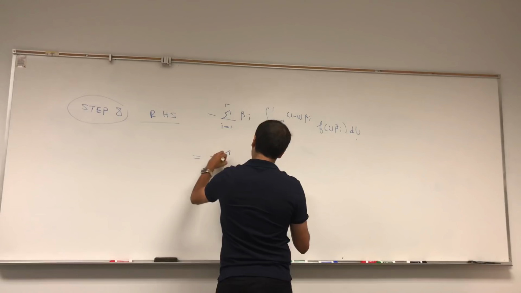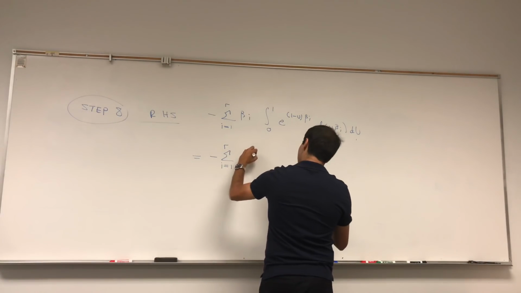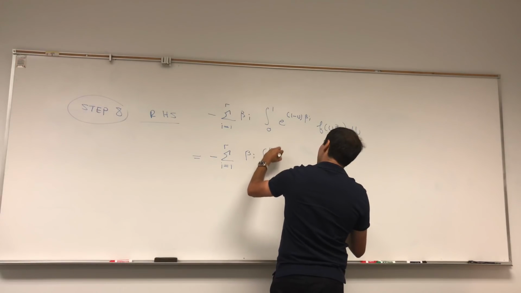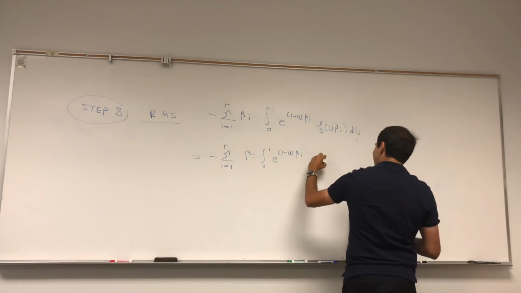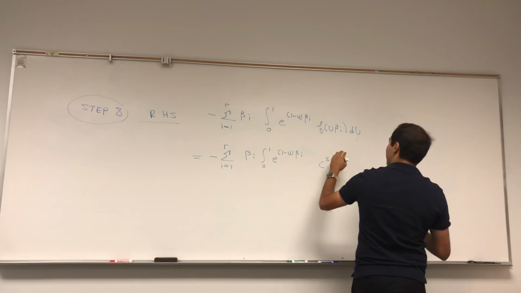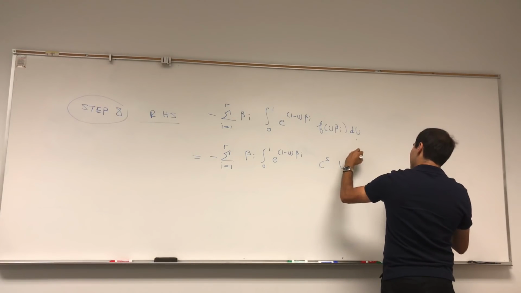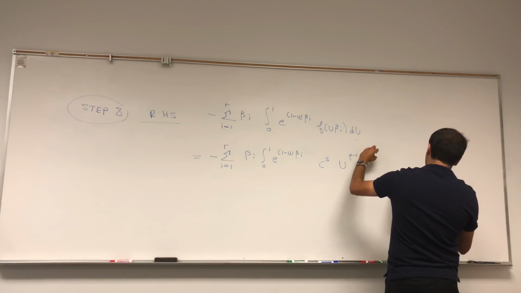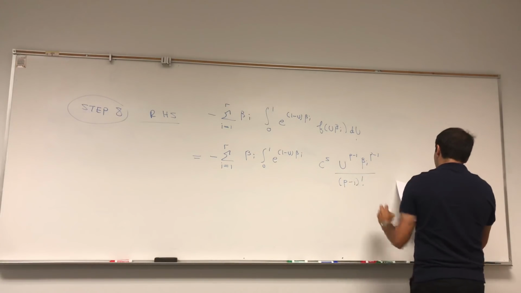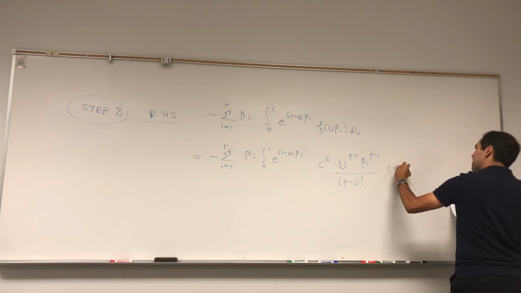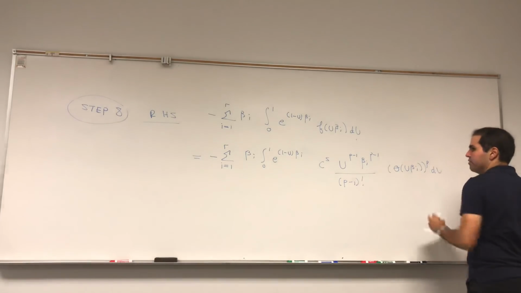So this is minus the sum from 1 to r of beta i, integral from 0 to 1, e of 1 minus u beta i, c to the s, u to the p minus 1, beta i to the p minus 1 over p minus 1 factorial, and then theta of u beta i to the p du.